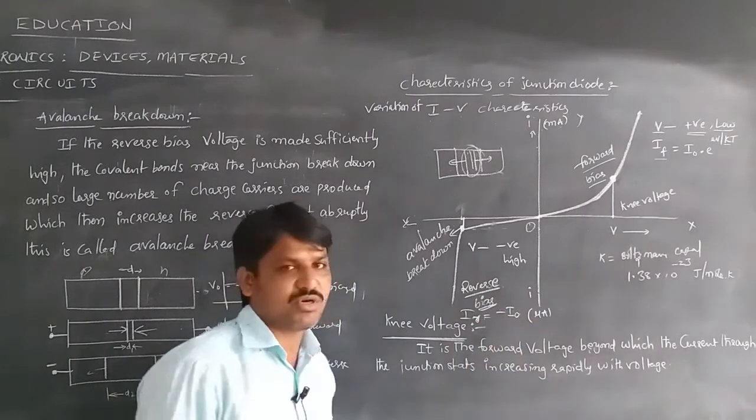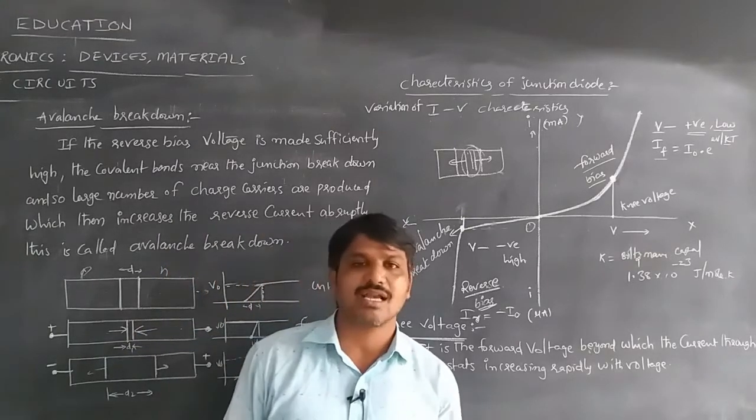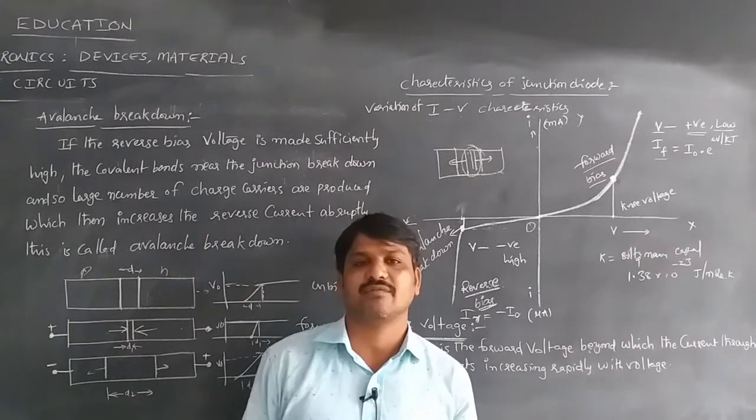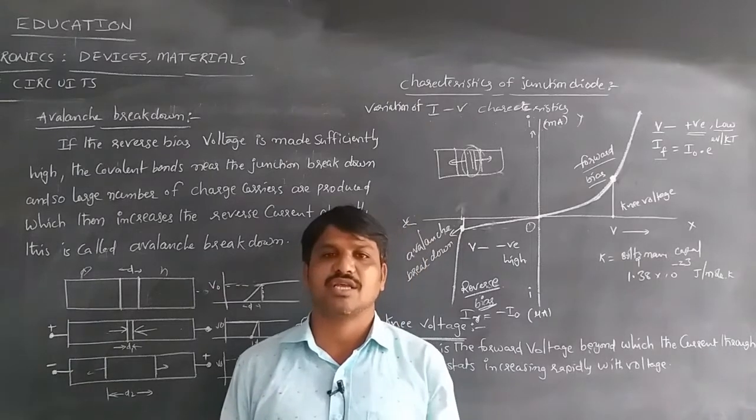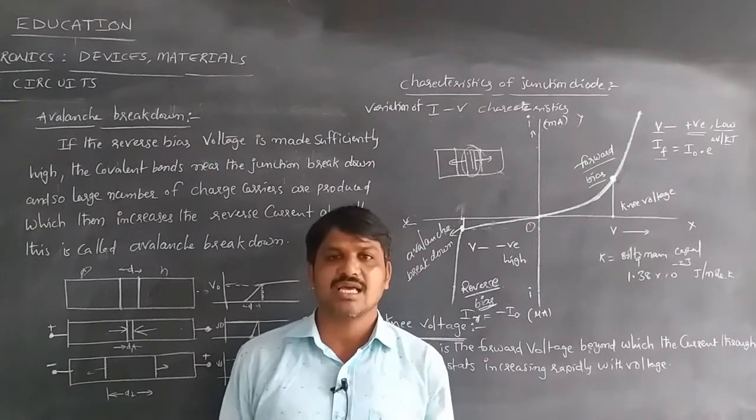That is the VI characteristics, the current-voltage variation of the diode in forward bias and in reverse bias.